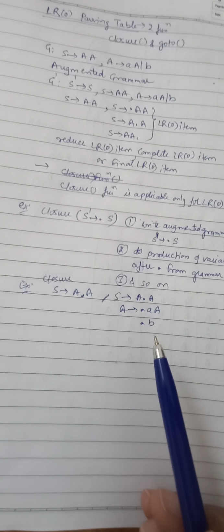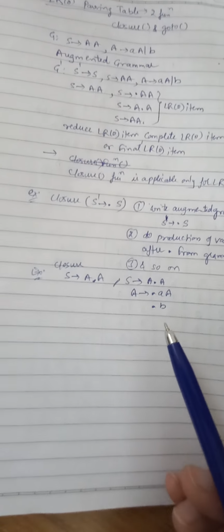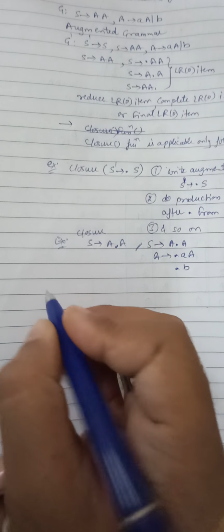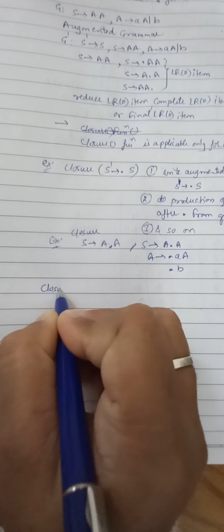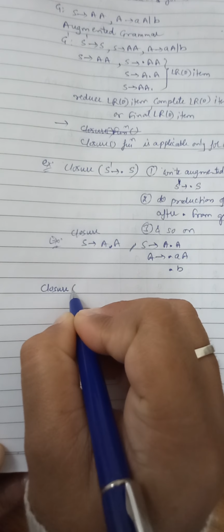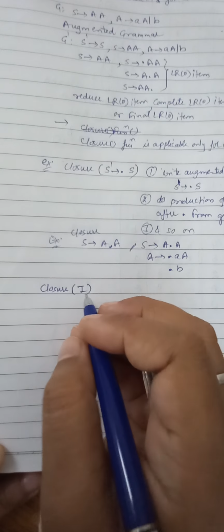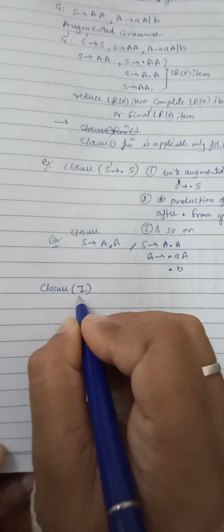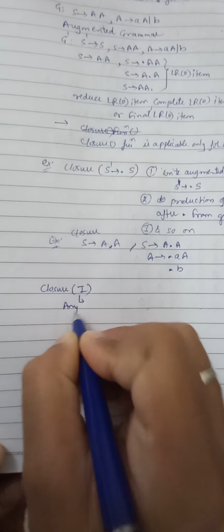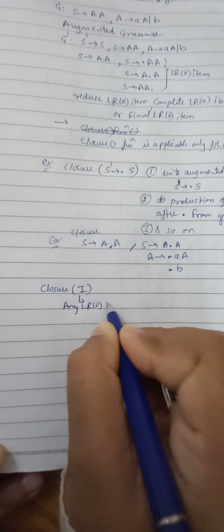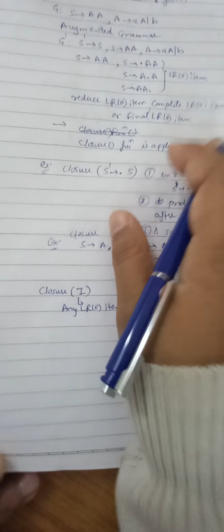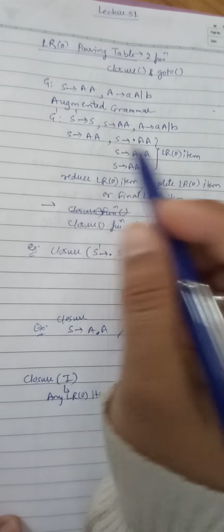Or we can simply say, if we want to calculate the closure of I, where I is any LR0 item, from that grammar.